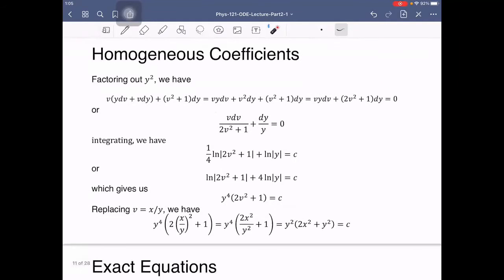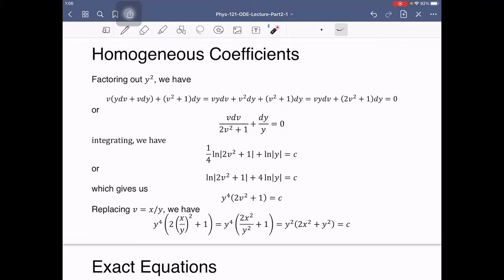Or, since may property again, yung ln natin, pwede nating gamitin ulit yun. Pero, pwede ulit natin pasimplehin. We can multiply everything by 4. Okay? In this case, mangyayari, wala na yung 1/4 dito, magiging 4 ln y.